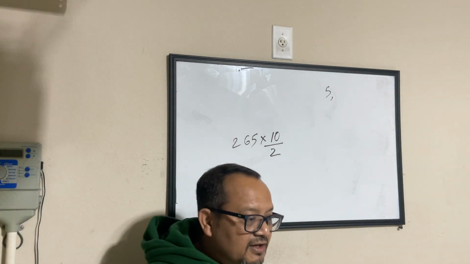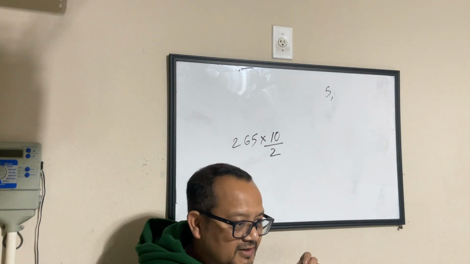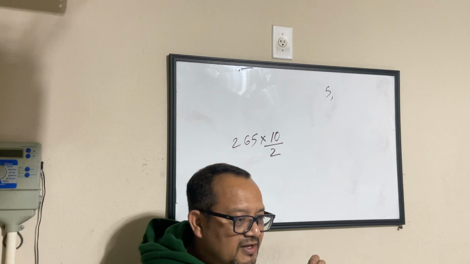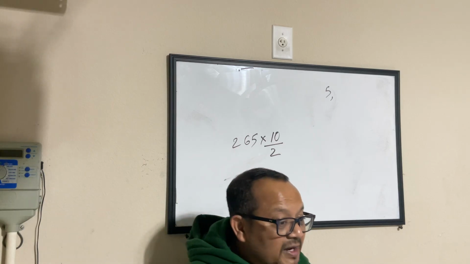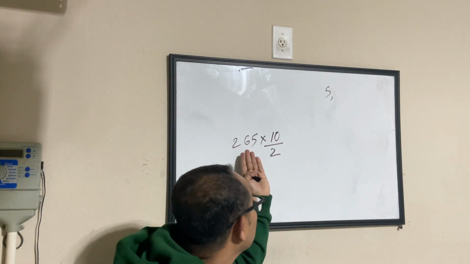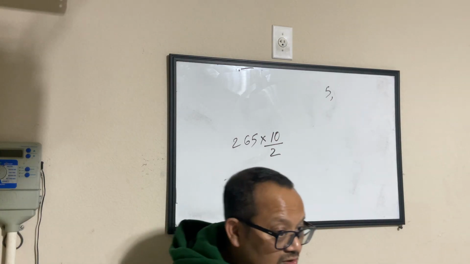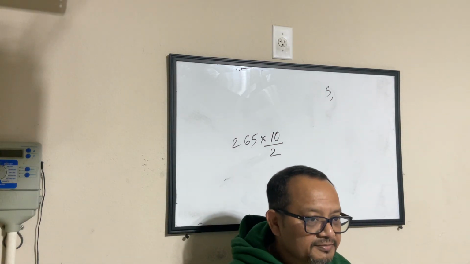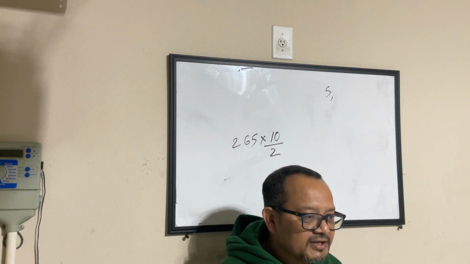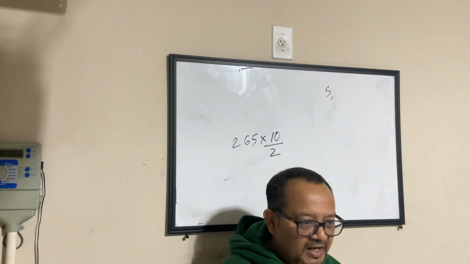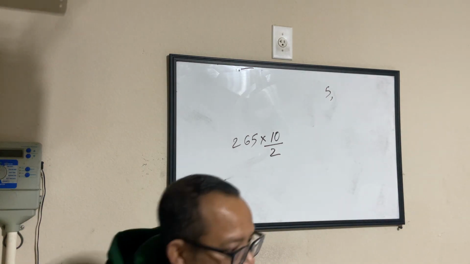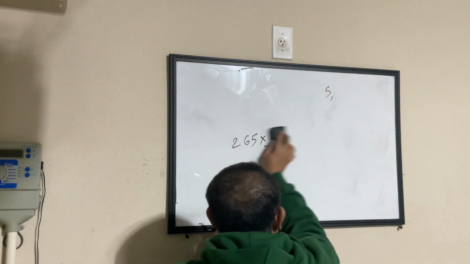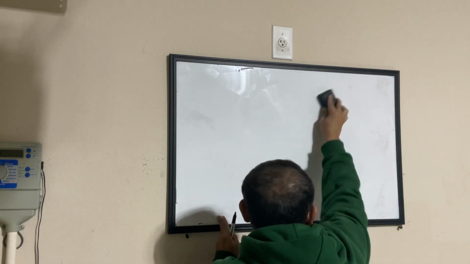If you love dividing, you can do this. If you have to multiply something by 5, you can multiply that by 10 and then divide by 2 if you want to. Yeah? Is everybody with me or no? Yes, sir. Okay, now let me teach you guys some tricks.